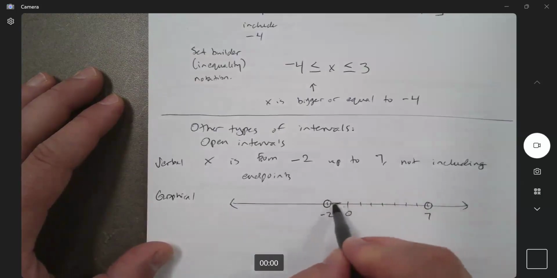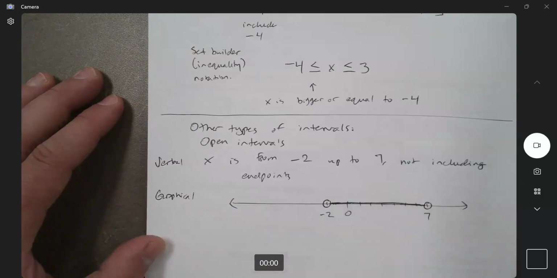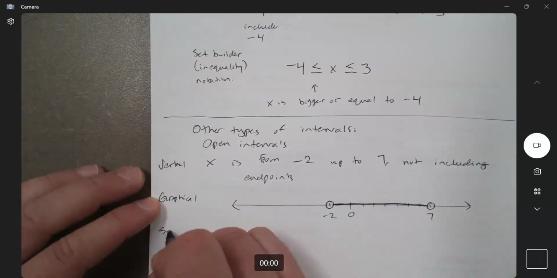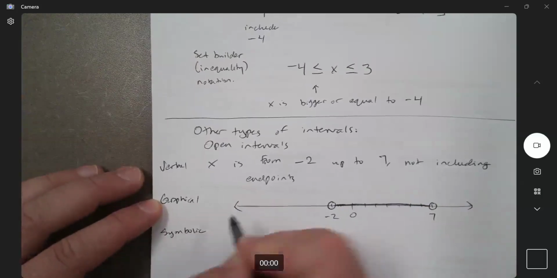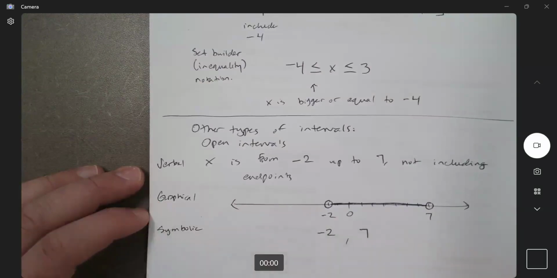That's our mathematical, our visual grammar to indicate that it is not including those endpoints. Symbolic, we take -2, which is one of the important points. We take 7, which is one of the important points, stick a comma between them.